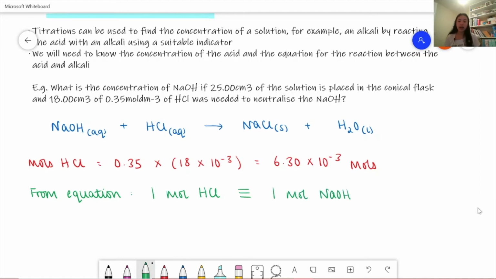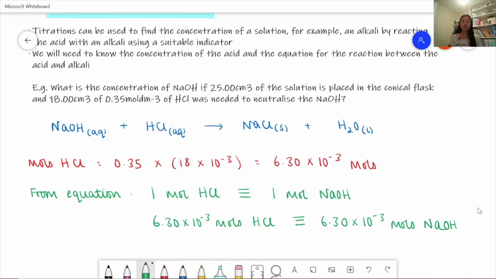So if we have 6.30 times 10 to the minus 3 moles of hydrochloric acid, then this must react with 6.30 times 10 to the minus 3 moles of sodium hydroxide because they're in a 1-to-1 ratio.